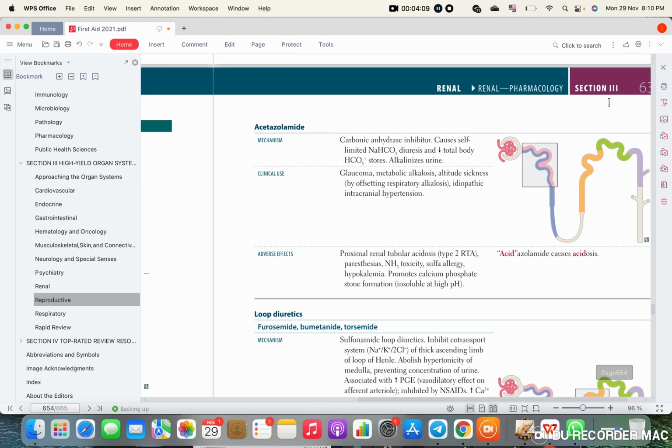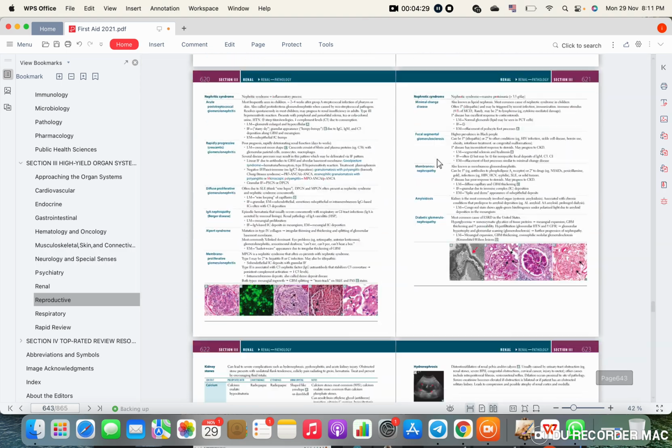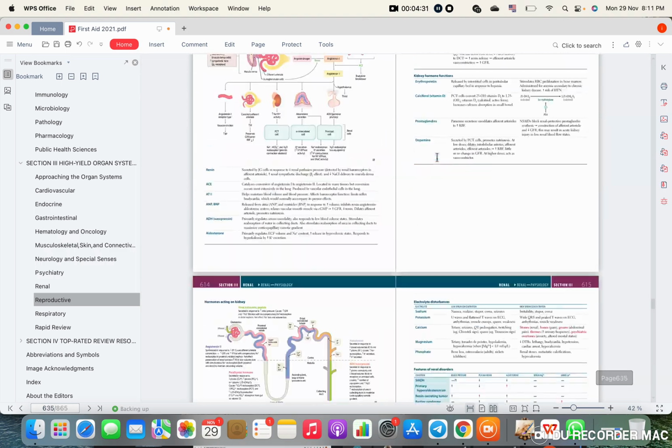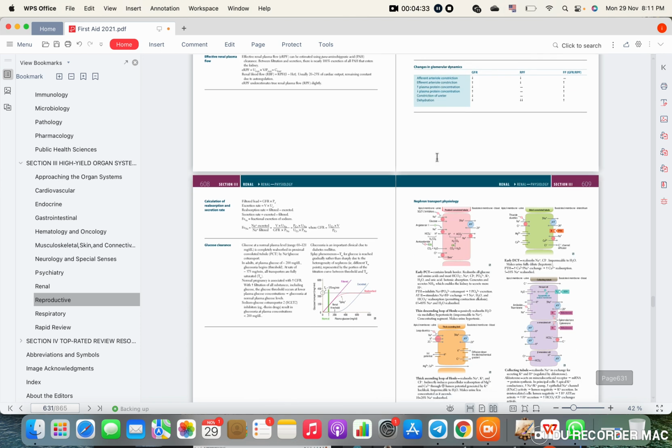They inhibit the carbonic anhydrase, which is an enzyme in the proximal tubule, which leads to self-limited sodium bicarb diuresis. Basically, the bicarb is going into your urine and some sodium with it. And it can decrease total body bicarb stores, which alkalinizes the urine. So the urine will be alkaline, but the body will become much more acidic.